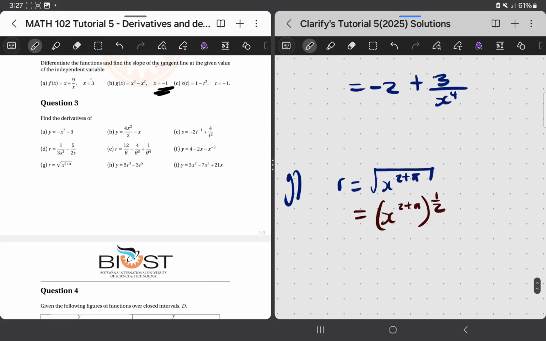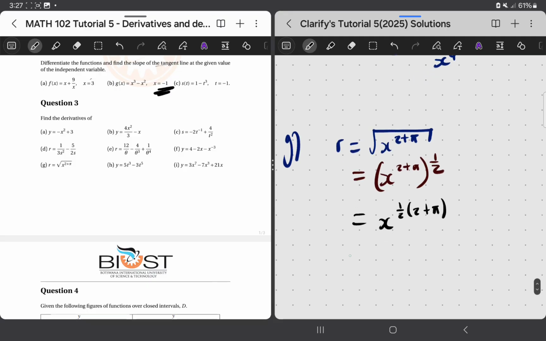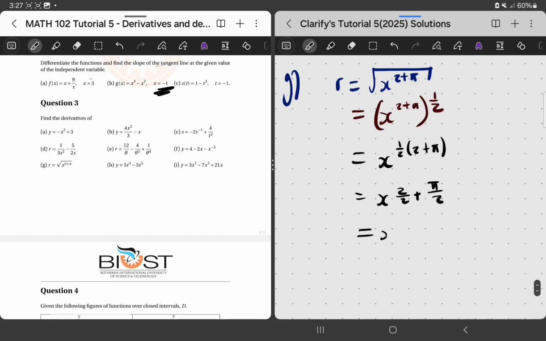So this is equal to x to the half multiplying 2 plus pi. When you have a fraction multiplying whole numbers, the whole number just multiplies the top. So you say 2 times 1, it's going to be 2 over 2 plus half times pi, pi times 1 is pi, all over 2. And this is just going to be x to the 2 over 2 is 1 plus pi over 2. This is going to be it.